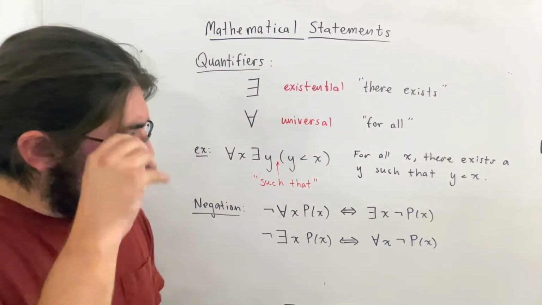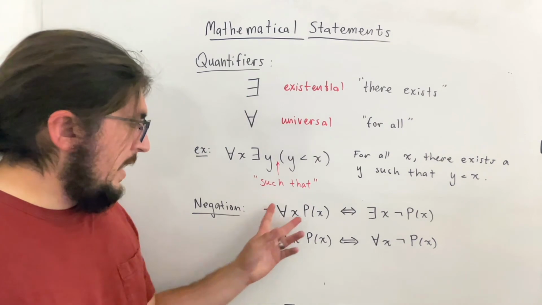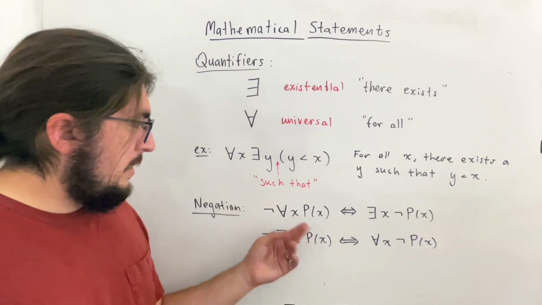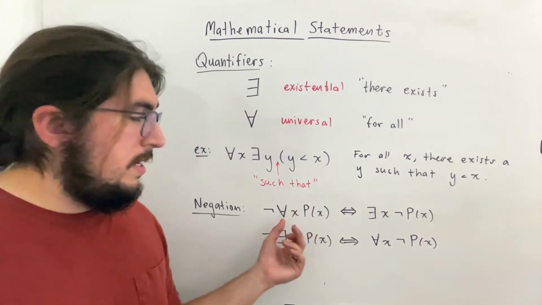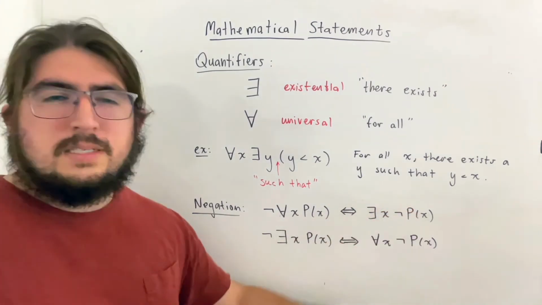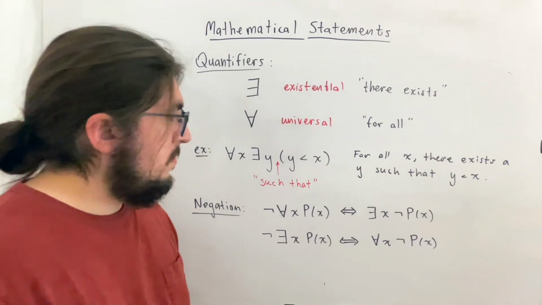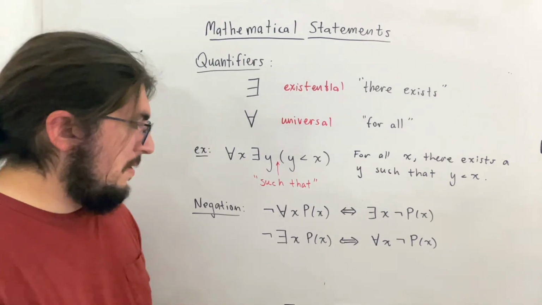Maybe we can talk about that with an example, just saying it out loud. So let's say I'm negating the statement for all x such that x is even. That is saying there exists an x such that x is not even. Which is definitely true. It's kind of weird to think about it with that particular example.